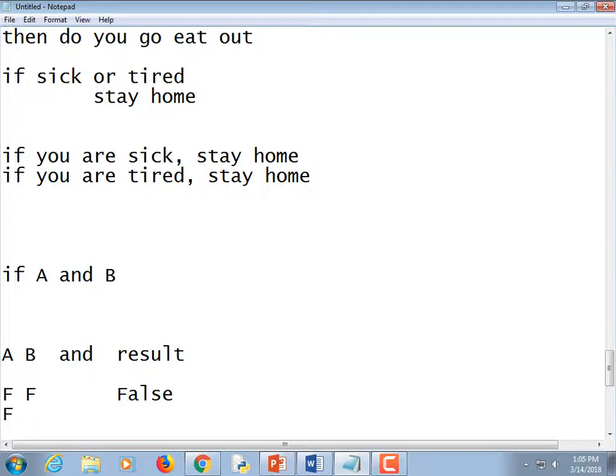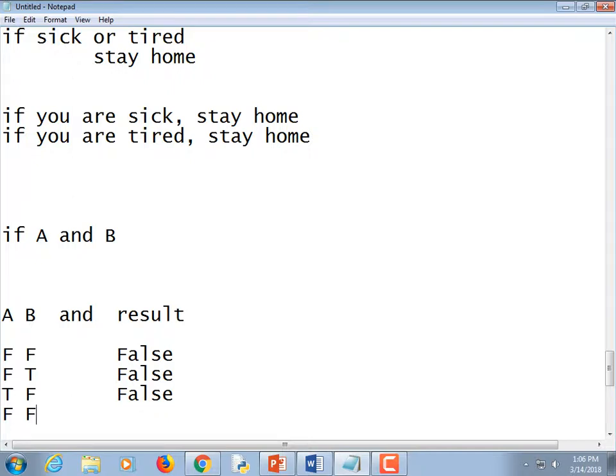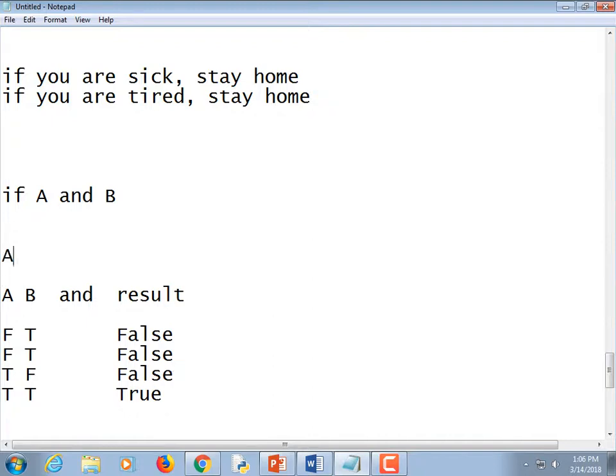If A is false but B is true, then are they both true? No. So it's still false. If A is true and B is false, are they both true? No. When is the only time an and works? It's when they're both true. I could type out the entire words, but I think just F and T will do for our sake. Okay. That's the and truth table.